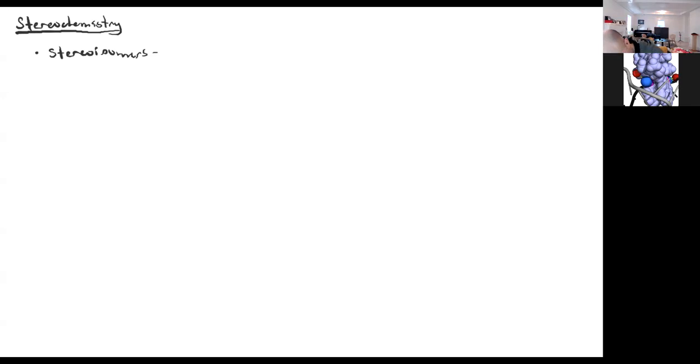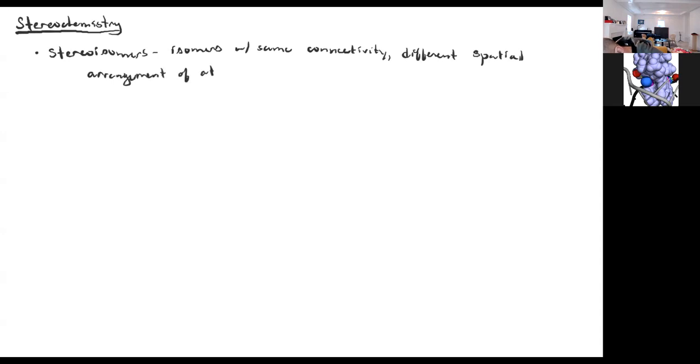And a good example of that that you've already seen would be our friends cis and trans 2-butene.